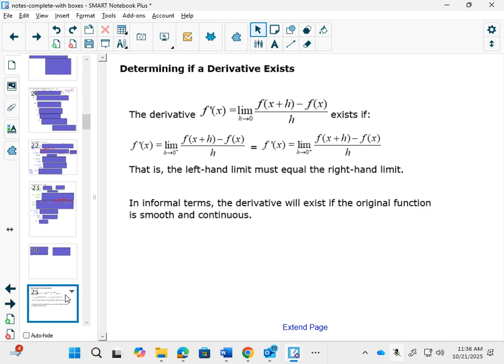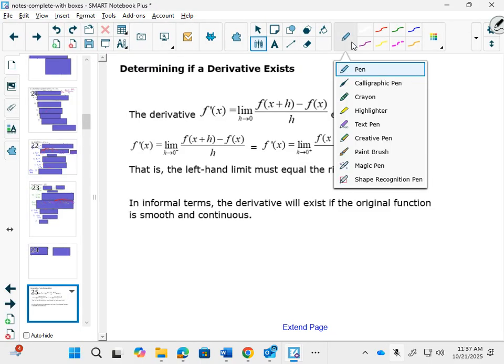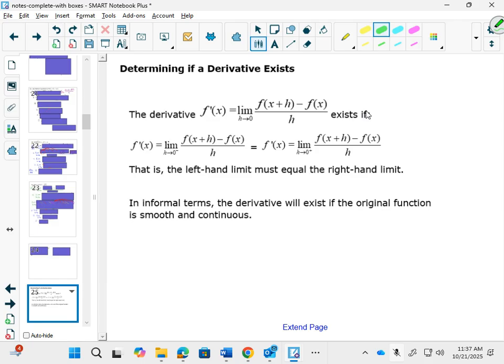Determining if a derivative exists. So, how do we know if a limit exists? The left side limit and the right side limit have to be exactly the same. And here we get the very informal definition of when a derivative exists.